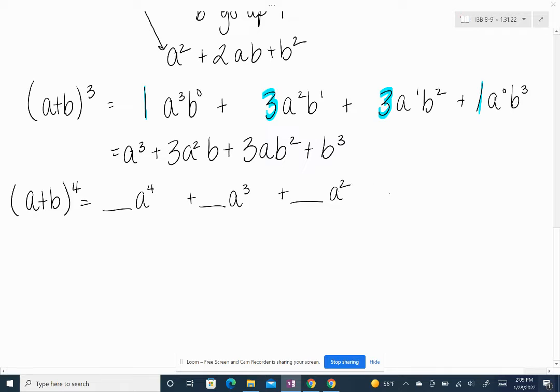I'm just leaving this blank just so I have enough space to properly write everything out. And I'm not squishing myself at the end. And also right now we're just doing plus. You'll see later, I'll do an example when it's not a positive a and a positive b kind of in the binomial.